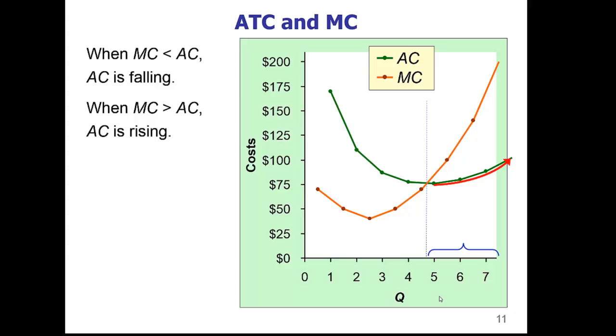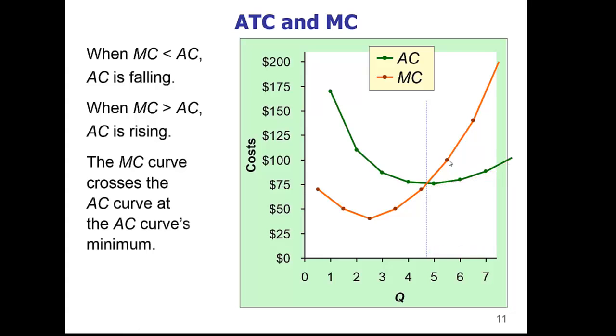If you want to bring your average up, then you have to do better on the next exam. If on the margin the cost of producing another unit exceeds your current average, the average will start to rise. And so it must be true that the marginal cost is going to cross the average cost curve at the average cost curve's minimum.